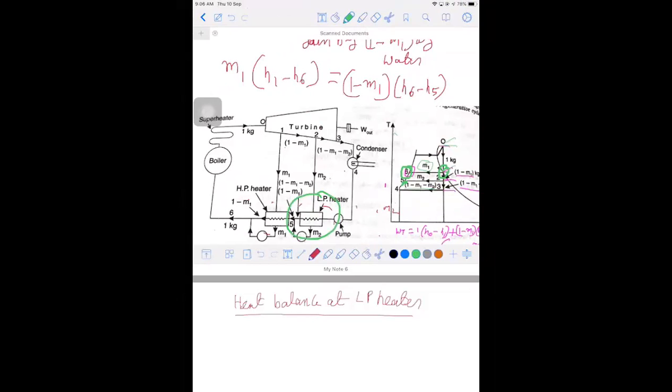Here, heat lost by M2 kg of the steam is equal to heat gained by 1 minus M1 minus M2 kg of water.